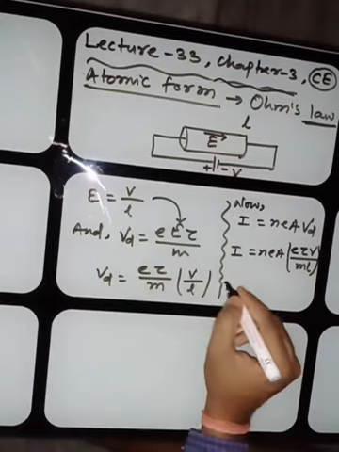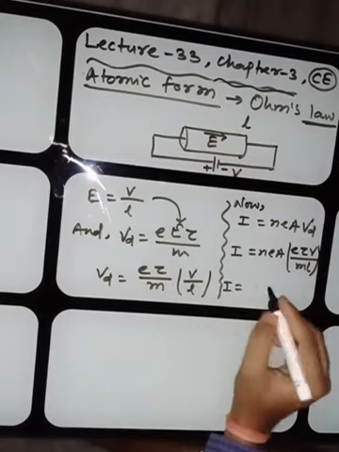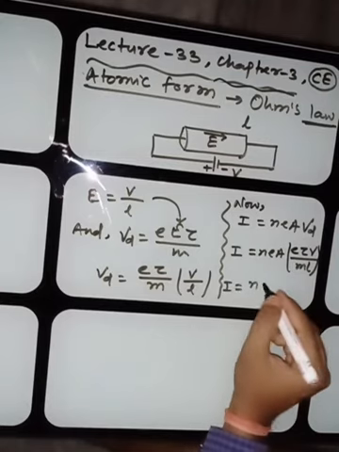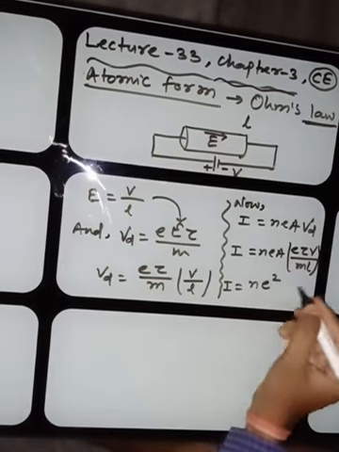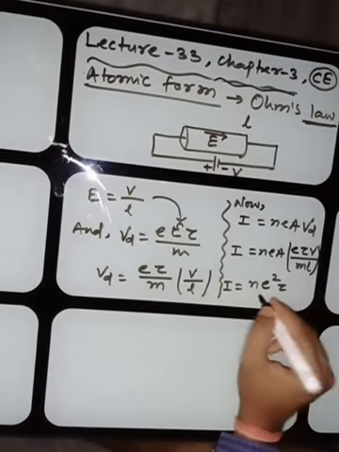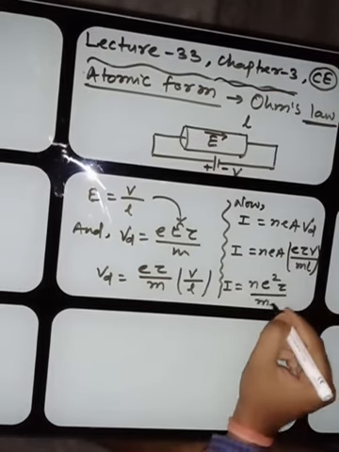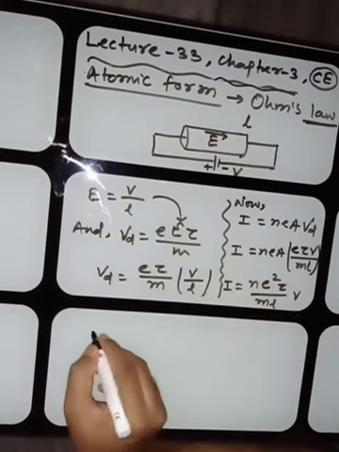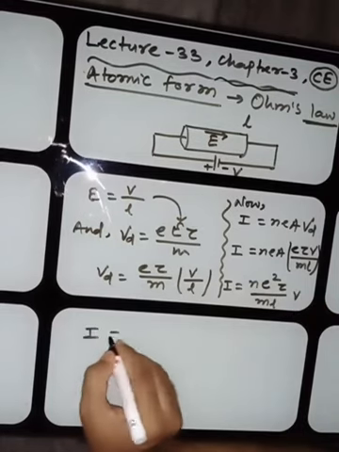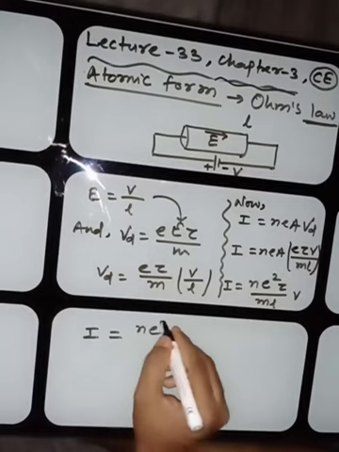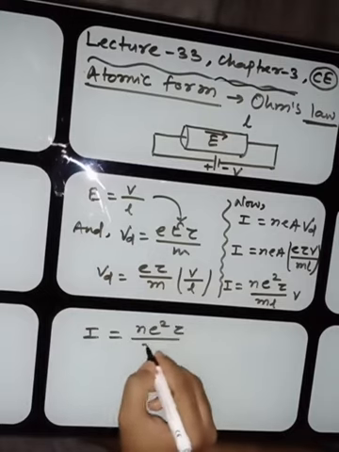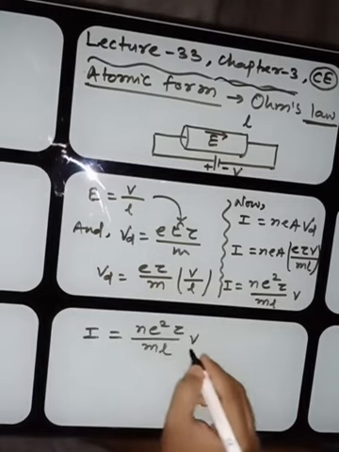So I equals n e square tau A by mL into V.